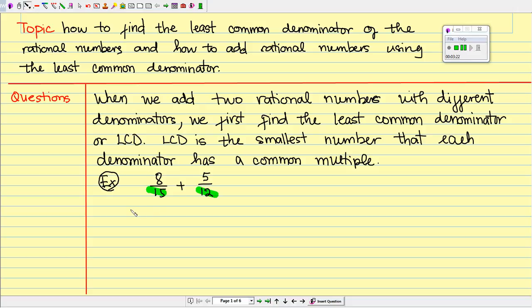So the first step, we have to find the least common denominator. To find the least common denominator, we are going to factor the denominators.